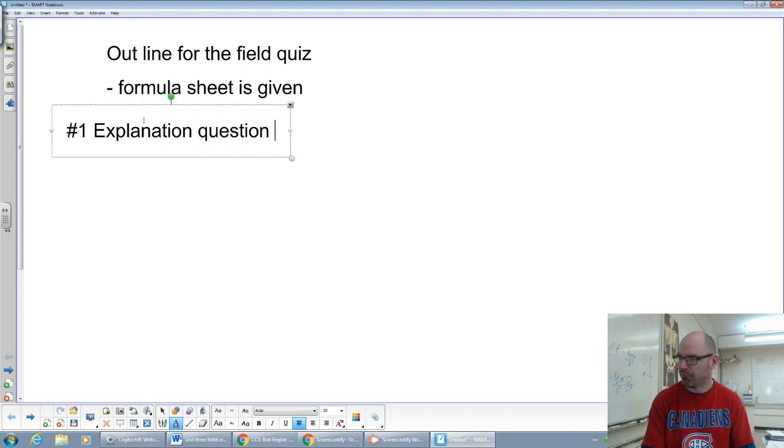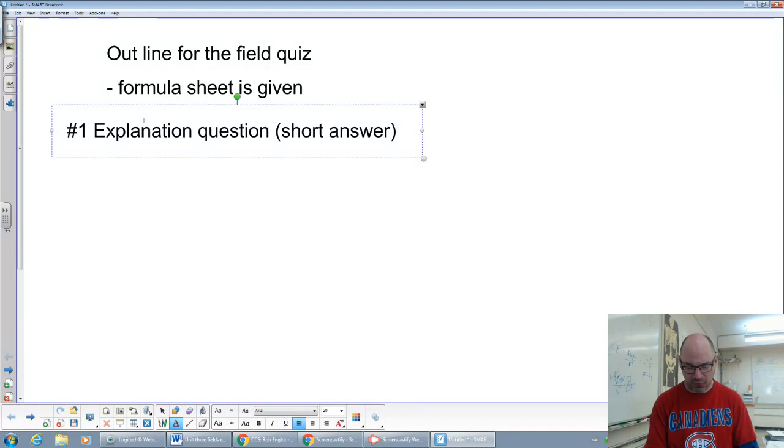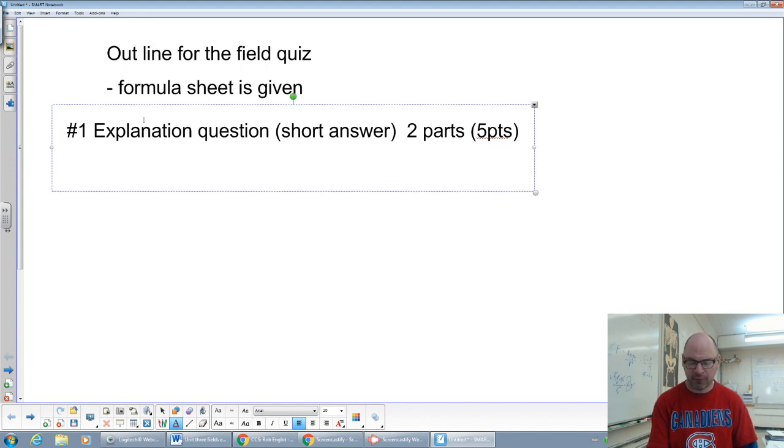Okay, it's an explanation question, also called short answer if you're writing English or something like that. And it's going to be a two-parter. It's in two parts, so there's two of them, and it's 5 points, 2 for one and 3 for the other. Okay, what kinds of things can I have under the explanation question?